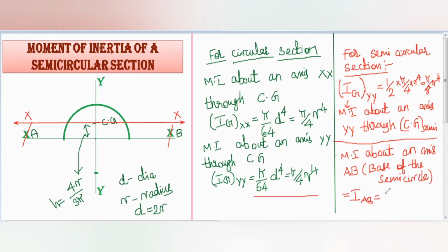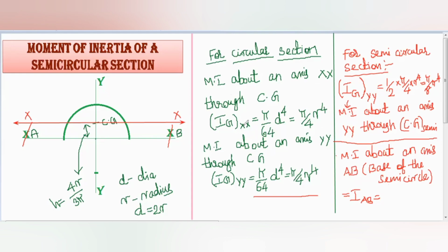Previously, as you can see, I erased the XX axis and noted it as AB. So this IAB is also half of the value we discussed for IGXX.